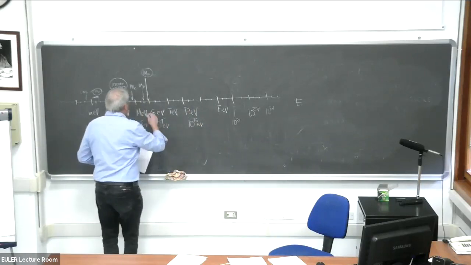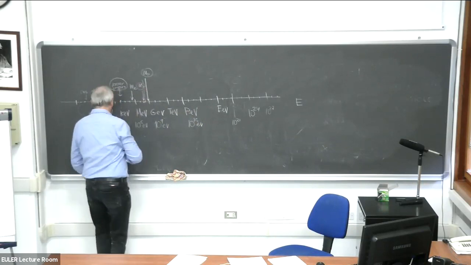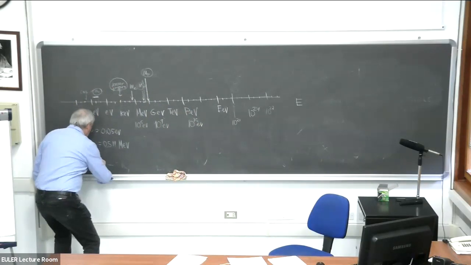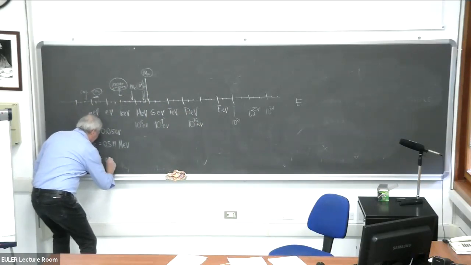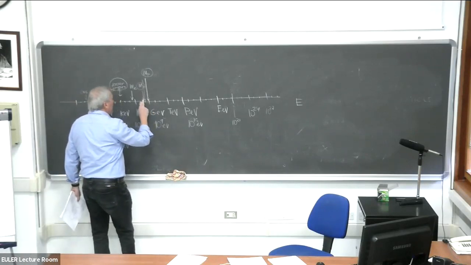Now, mass of the pion, I missed it. It's also an extremely important particle. It's somewhere here, slightly heavier than the muon. And it's also important to remember. So this is the muon, and this is the mass of the pion meson. It's somewhere here, very close. This is 105 and this is 140 approximately.